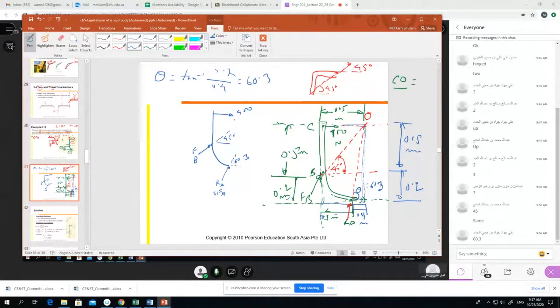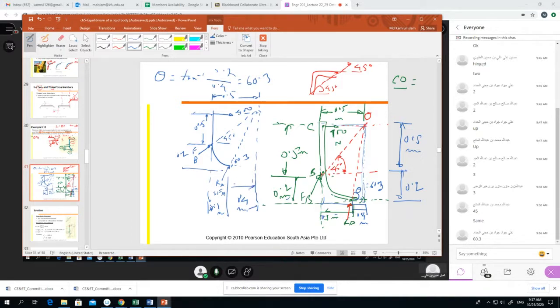And what distances do we have? We need the distances later on. The distance here to here is 0.5, here to here 0.5, here to here 0.2, and here to here 0.1. You already know this distance, 0.1, and here to here is 0.4 meter, right?